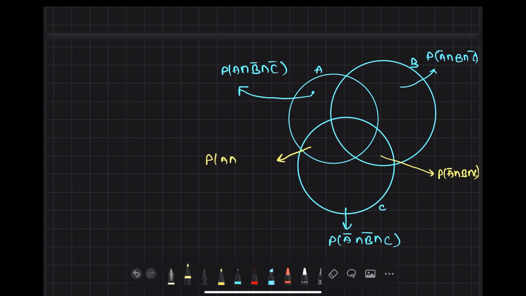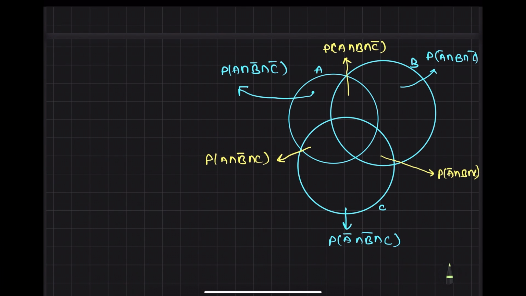Probability of A intersection B intersection C. It is outside B, so put a bar on B. Now probability of A intersection B intersection C, it is outside C. Now here it is probability of A intersection B intersection C, so it is inside everyone. So this is the idea.